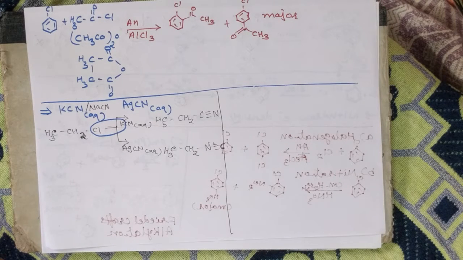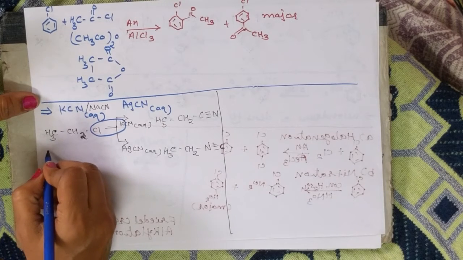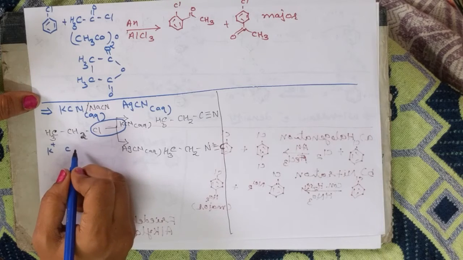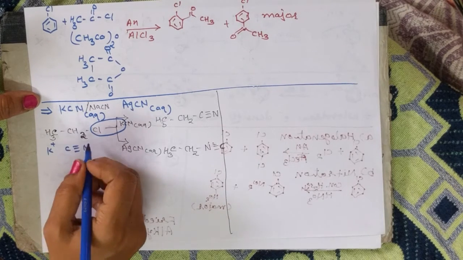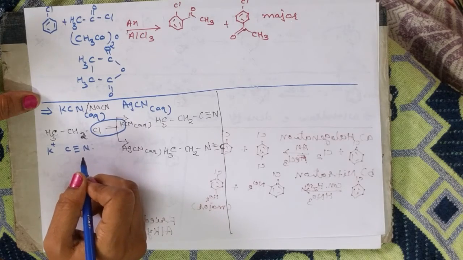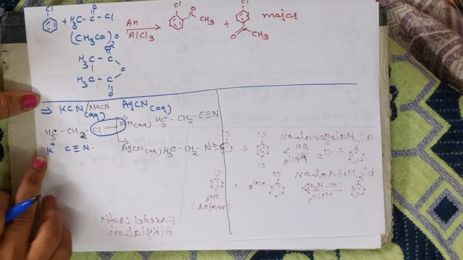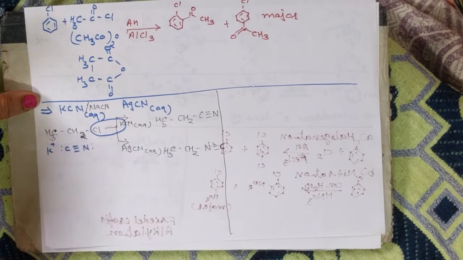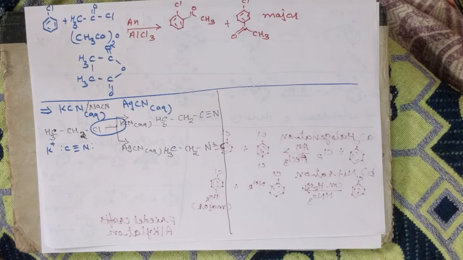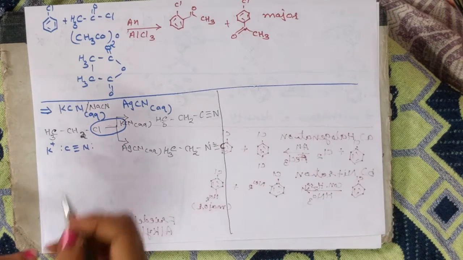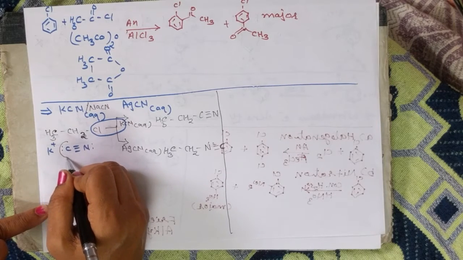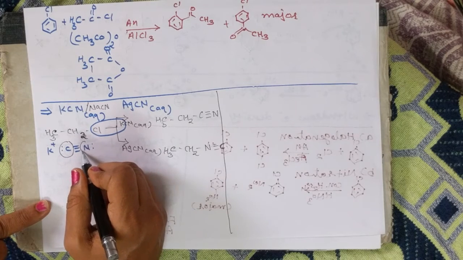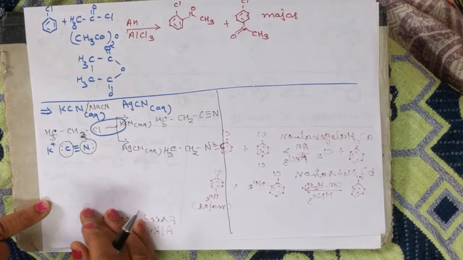As you know, students, for KCN, or if we talk about CN, here it is K plus and CN minus. So C triple bond N. Nitrogen also has a lone pair, and when this bond broke in KCN, the carbon also has a pair of electrons. So here you can see that carbon also forms the bond because of the lone pair of electrons, and in the same way nitrogen also has the capacity for formation of the bond.